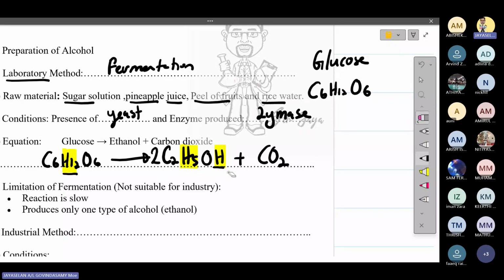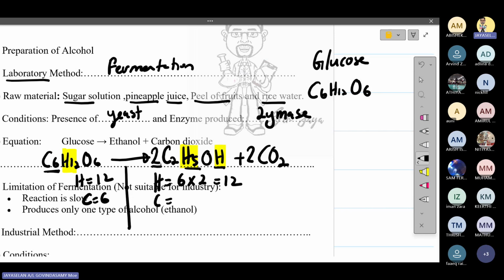Okay, now balance carbon. Carbon 6, right? Here 4 plus 2, 6. Hydrogen berapa di sini? 5 tambah 1, 6. 6 darab 2, you already got 12. Here hydrogen already 12. Now carbon. Carbon here 6, right?